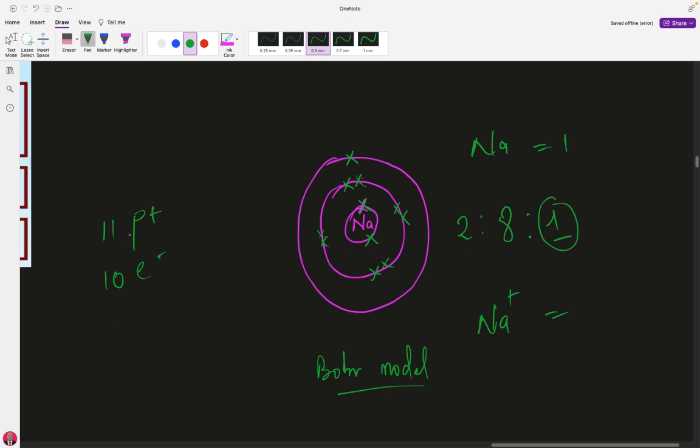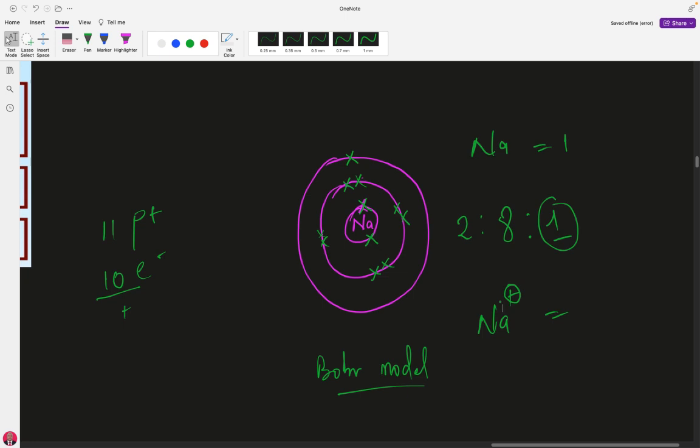But for an atom to be neutral, the protons must neutralize the electrons. But it has come to a realization that we have more protons than electrons after one electron has been lost. So now, when we add this, there is going to be an extra positive charge. It is that positive charge that goes to reinforce the nuclear attraction, and that is the positive charge on the sodium ion.